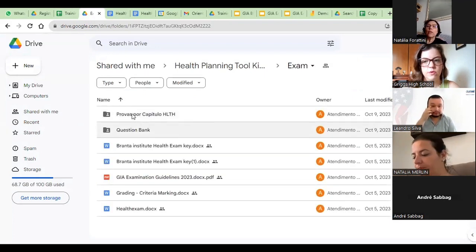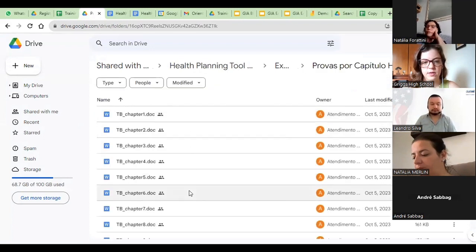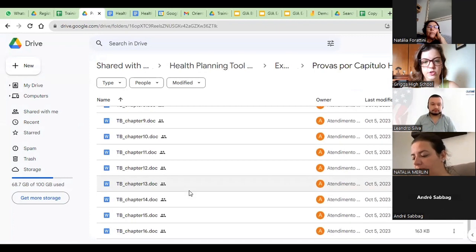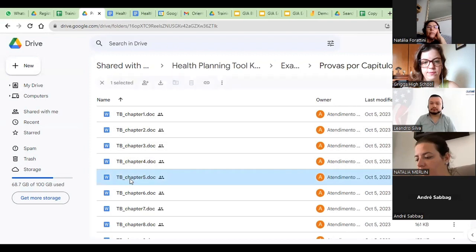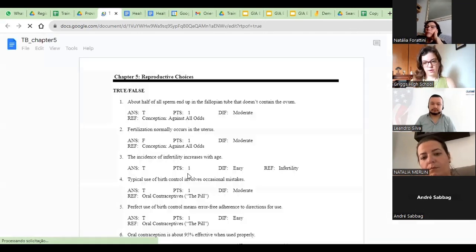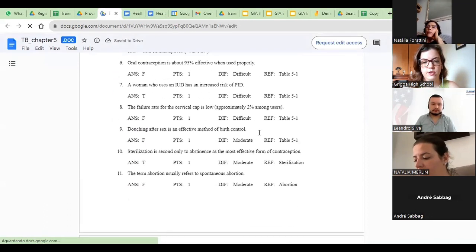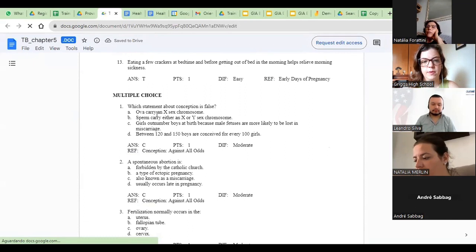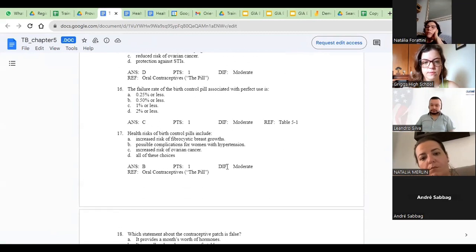This is not, so then we have the provas por capítulo from the book. From chapter 1 to chapter 16. Let's take a look at chapter 5. Okay, then you have true or false, some questions with true or false, multiple choice, some questions with multiple choice.